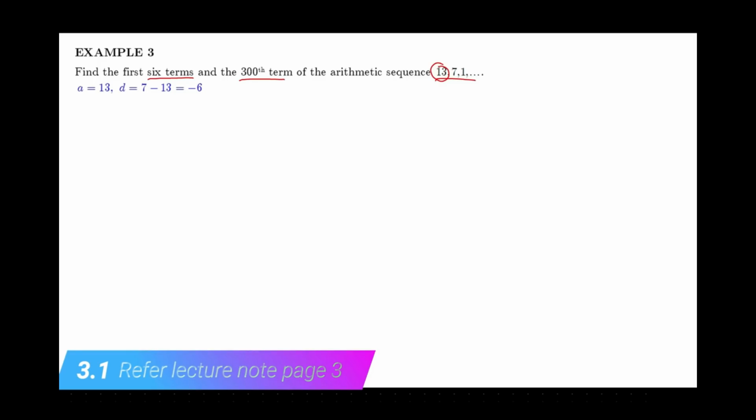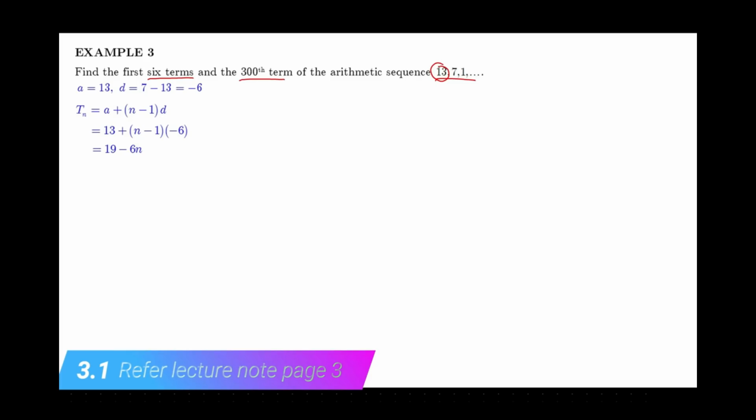So to find the first 6 terms, we first need to find Tn of our AS. To do so, we have to use the formula earlier. Tn equals A plus (n minus 1)D. And substituting our A and D, we will get Tn equals 19 minus 6n.